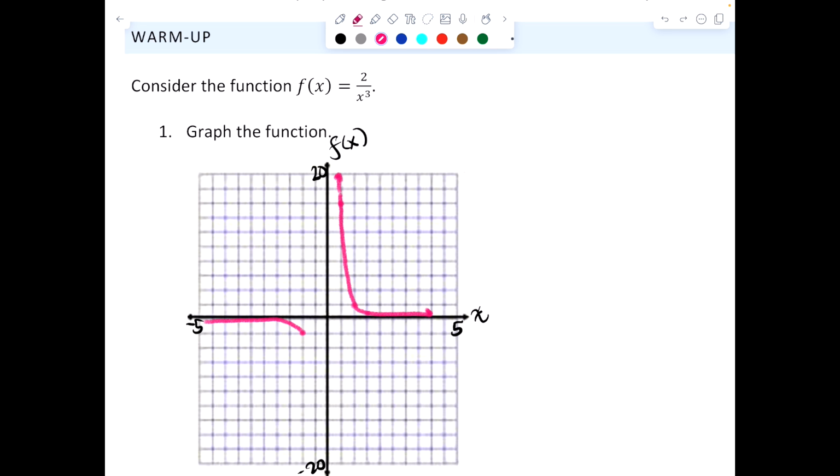So we'll have at -1/2 will be down at -16. And so then it decreases super quickly.